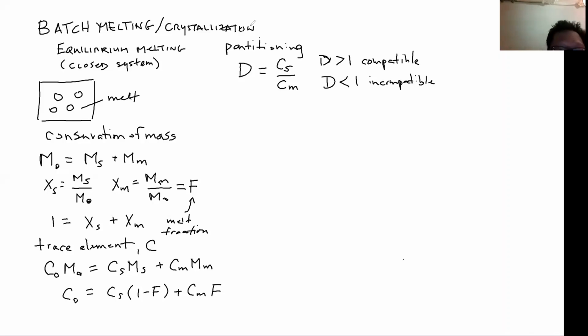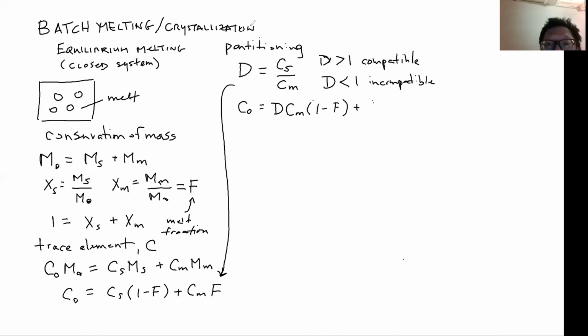We can then take this and substitute it in here for Cs, actually. So Cs would be Cm times D, and that will then give you C0 is equal to D Cm (1 minus F) plus Cm F, okay?